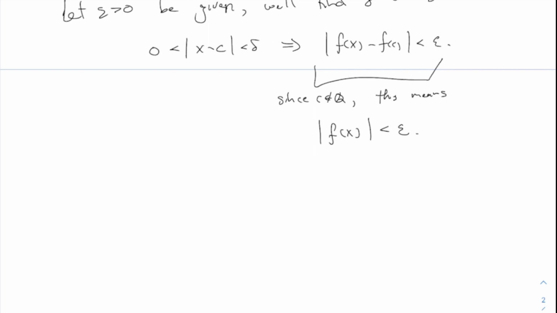We have this irrational number c, and since c is irrational, all points very near c have large denominators.